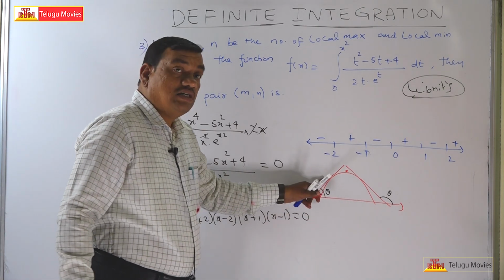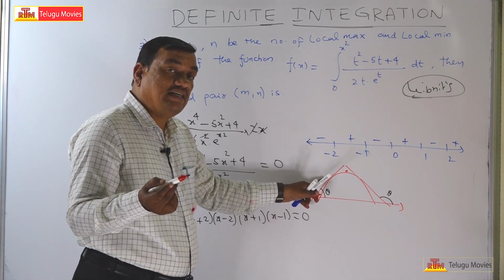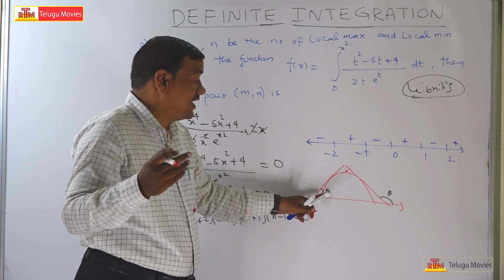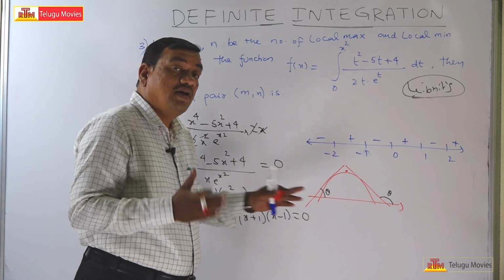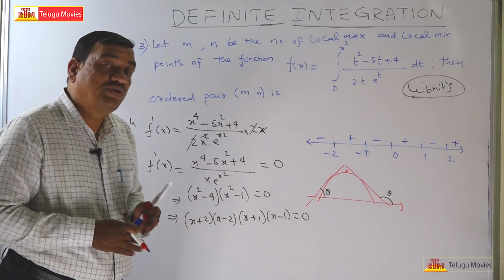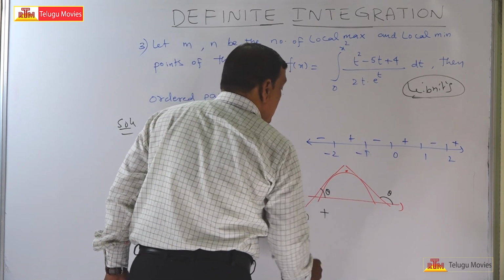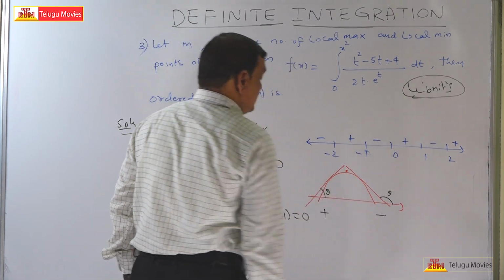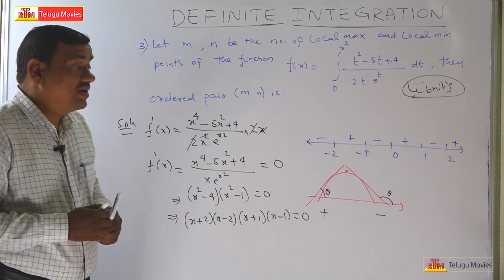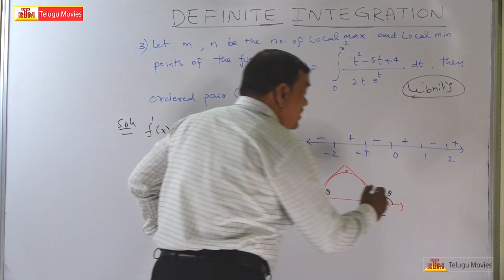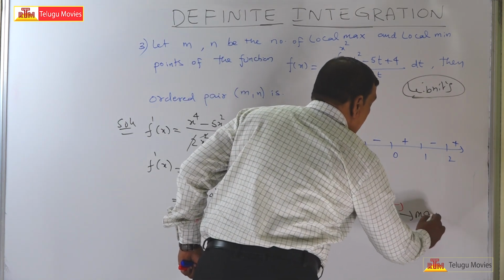Acute angle means what? It lies between 0 to 90, therefore tan theta lies in the first quadrant. This is a plus and you will get minus. Therefore, if your sign scheme is from plus to minus, you will get maxima.